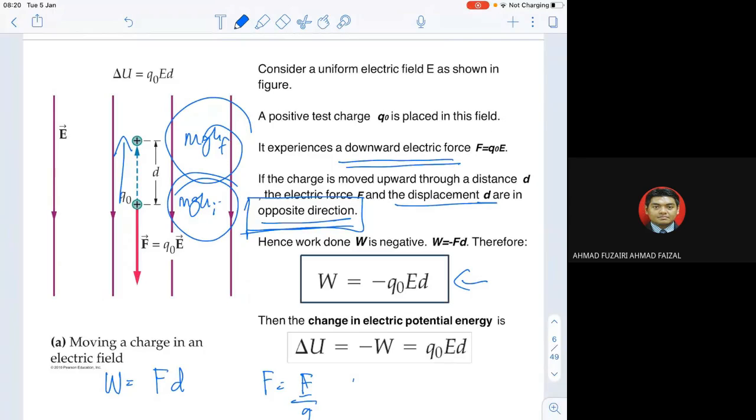So that's why we replace the F with E Q naught. We bring it up here to get E Q naught d.